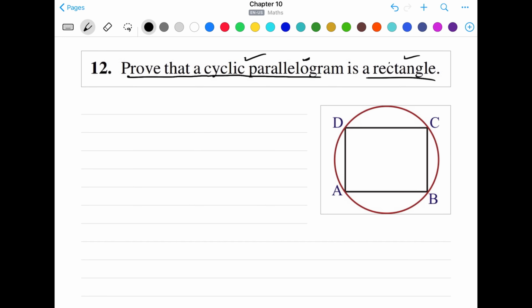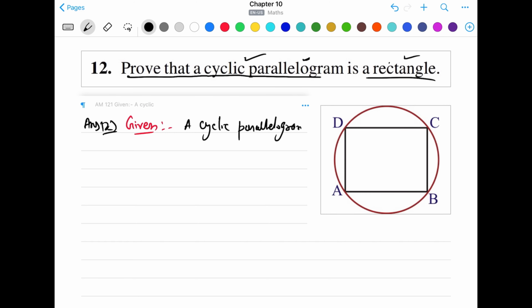Figure for this one: we have this parallelogram inscribed in a circle, that is, a cyclic parallelogram. We need to prove that it's a rectangle. Okay, so let's start answer number 12. First we'll mention the given part. Given is a cyclic parallelogram ABCD.